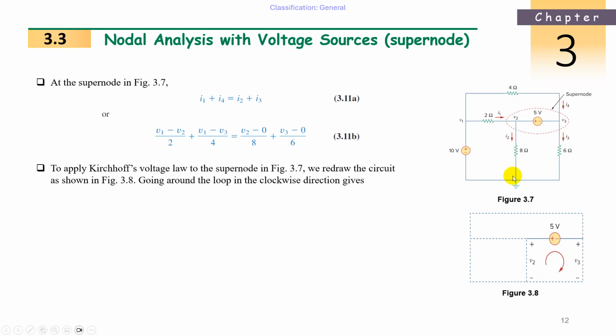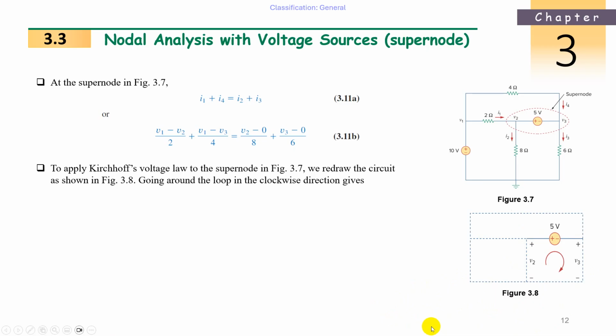From V2 to 0, what is the voltage? V2. From V3 to 0, what is the voltage? V3. From V3 to the 0 reference node, it is V3. V2 to 0, it is V2. So now write the loop equation. How can we write the loop equation? Current leaving the plus terminal. Here, current leaving the plus terminal: will V2 be plus V2 or minus V2?